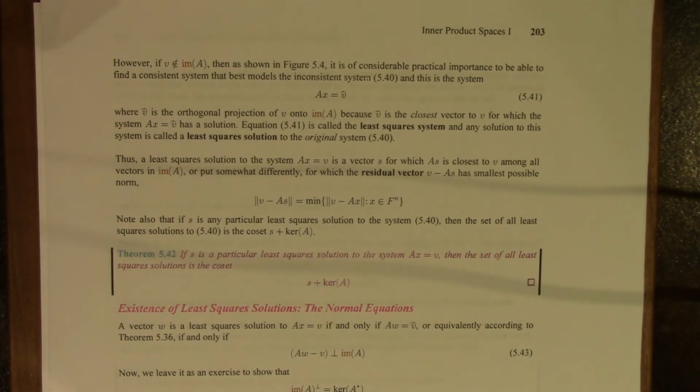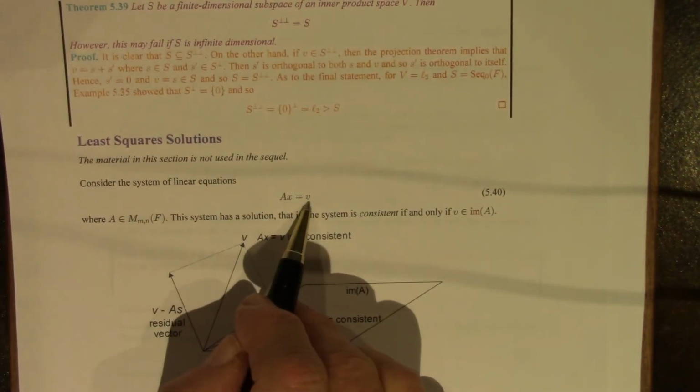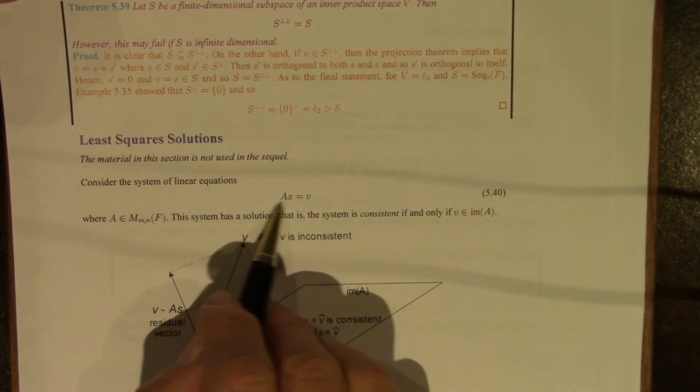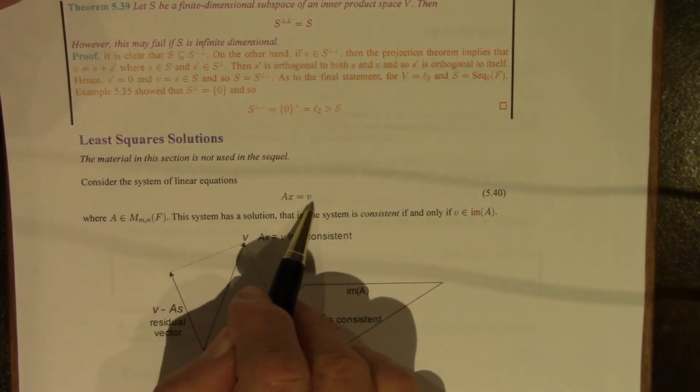This can easily happen if we're modeling some physical phenomenon and there are errors in measurement, and we end up with a constant vector on the right side that has an error in it, and so this system is inconsistent.